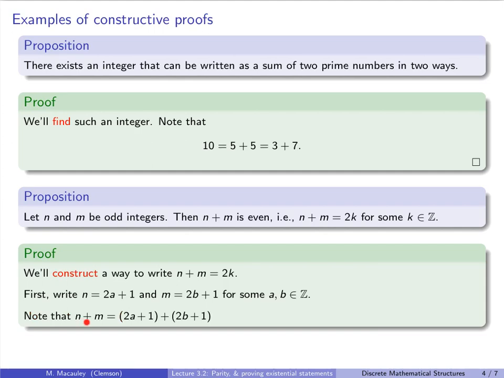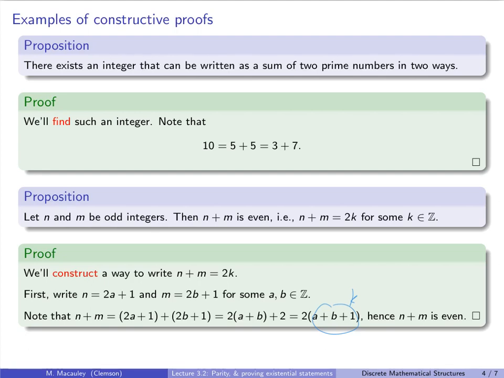So n plus m, which of course is 2a plus 1 plus 2b plus 1, is equal to 2 times (a plus b plus 1). So there's my integer k, and this establishes that n plus m is even.